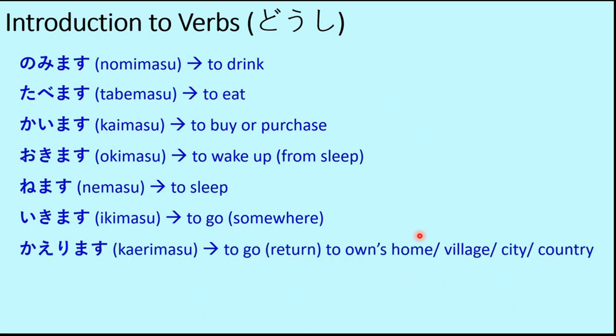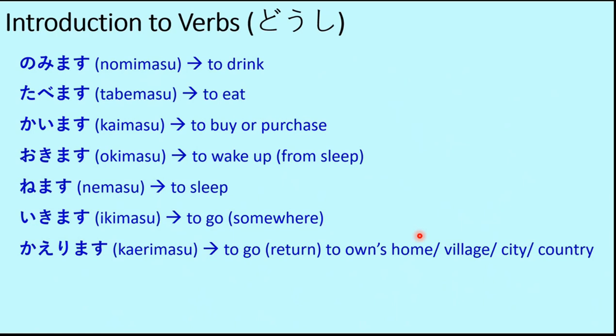Now, what is its difference from kaerimasu? Kaerimasu, which comes from the root verb kaeru, also means to go, but to go to one's own home country, one's native place, his native village or city, or the native country. So when someone is returning back to his home country or home village or city, then the word kaerimasu is used. So the person won't be saying ikimasu.